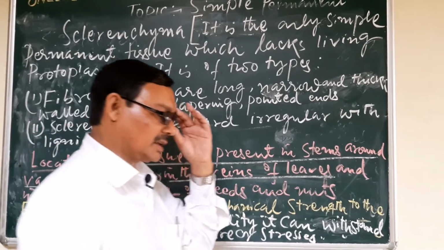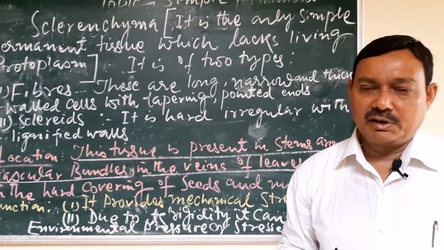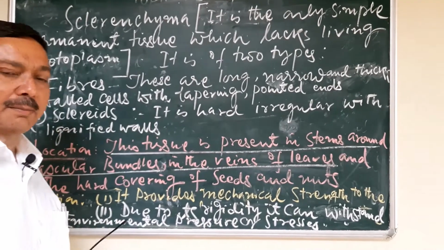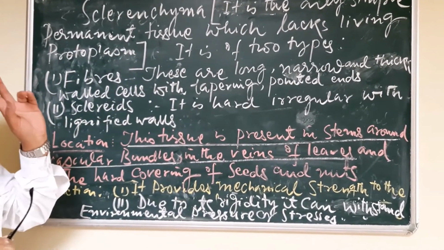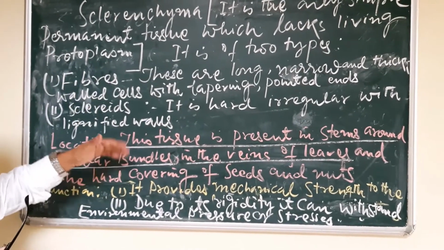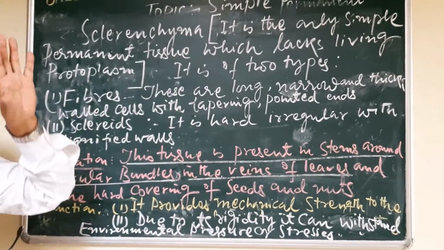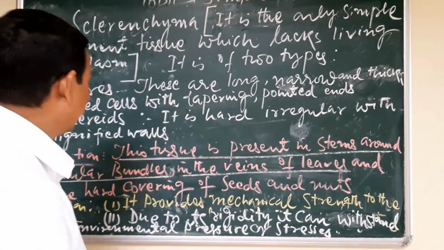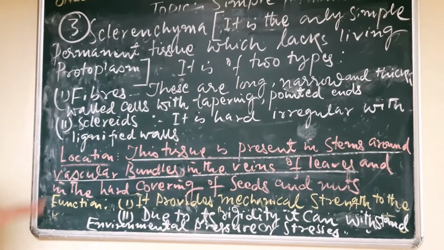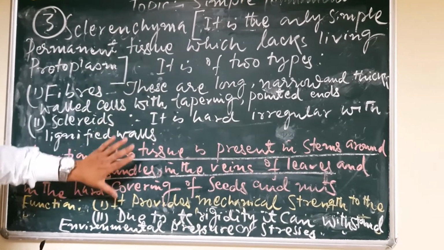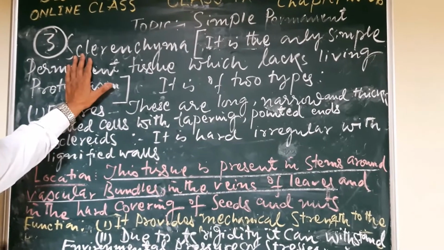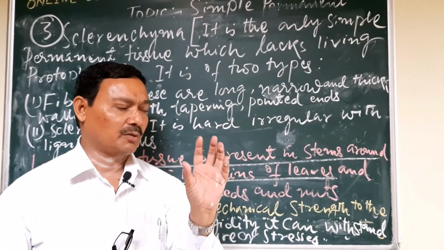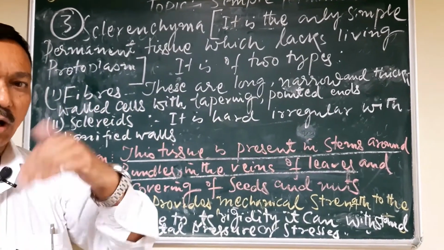In this part of our lesson, we have learned about the three important types of simple permanent tissue. Of the three types, the first two, Parenchyma and Collenchyma, are living, and the last one, Sclerenchyma, is dead. Parenchyma provides protection to the softer regions of the plant.